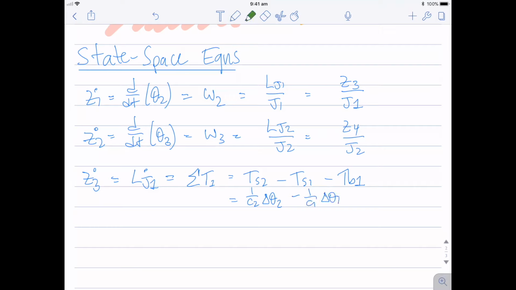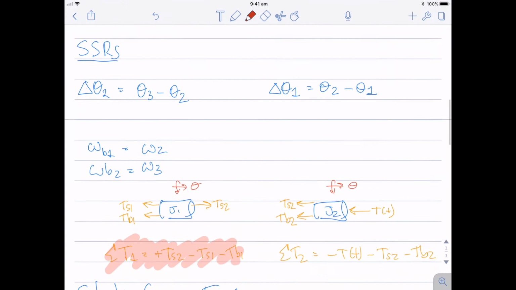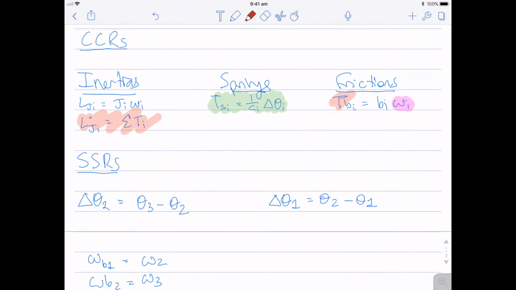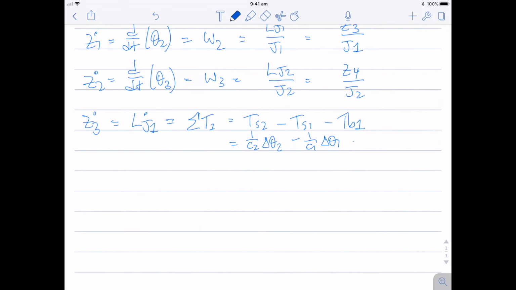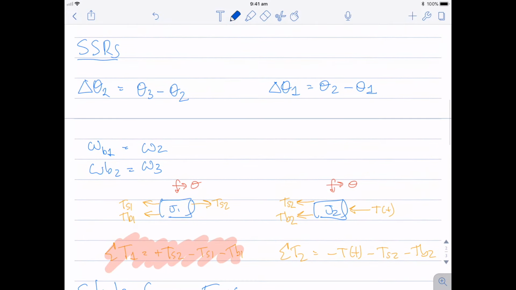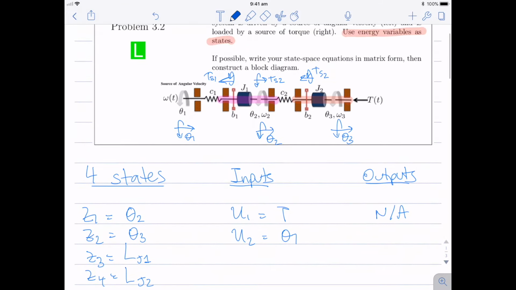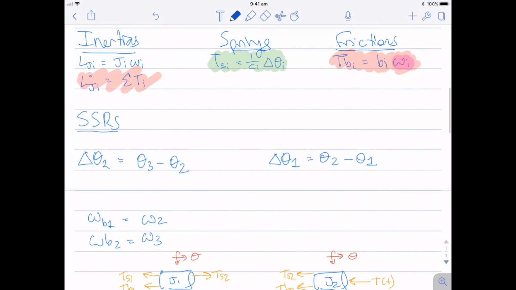Finally, the CCR for the friction, which is up here, should be TB1 equals B1 omega 1, minus TB1, which will be B1, and I should be careful. Again, naming conventions have come back to bite us. We'll just quickly check that the friction B1 is actually on the shaft omega 2. So according to what we said here, omega for B1 should be omega 2.